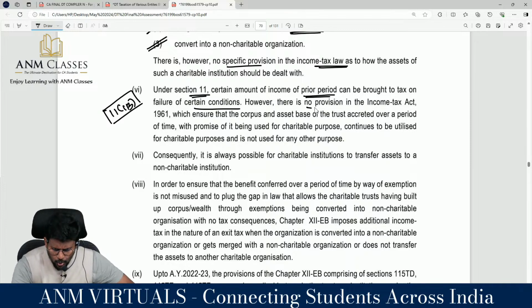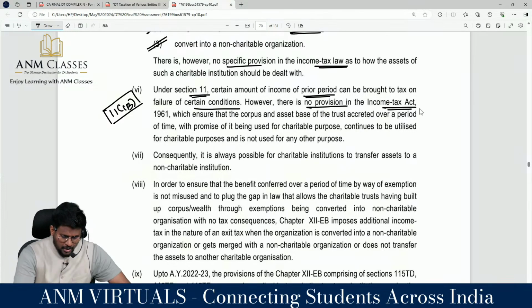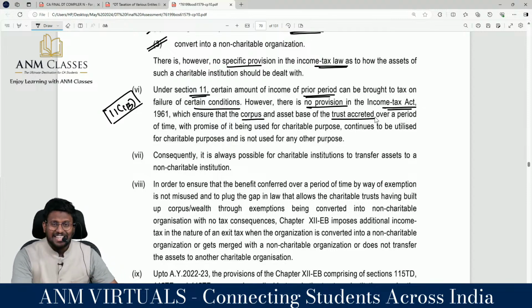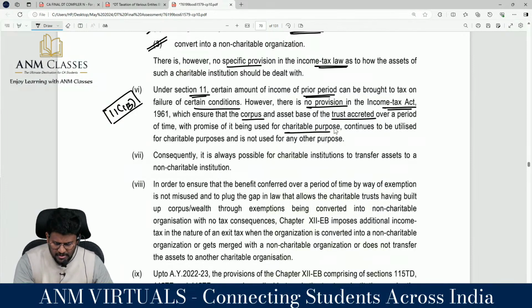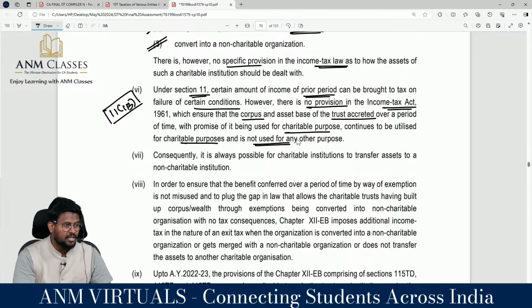However, there is no provision in the Act which ensures that the corpus and asset base of the trust, accreted over the period of time with the promise of being used for a purpose, continue to be utilized for charitable purpose and are not used for any other purpose.